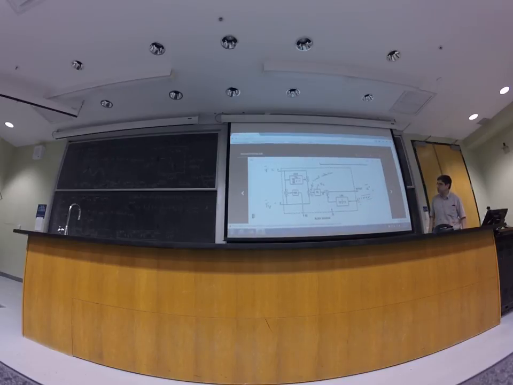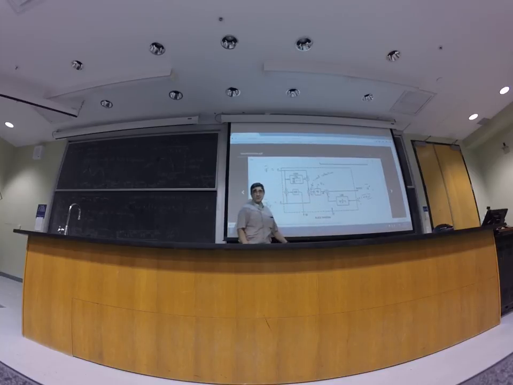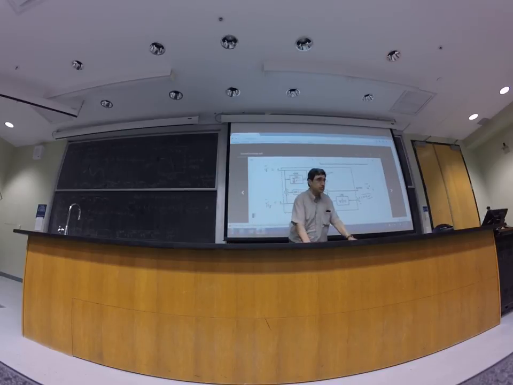Okay, but if you look at this picture, you have a choice here. This is the summing junction. You can either make it this side plus and this side minus, or this side plus and this side minus. It's really how you define error.